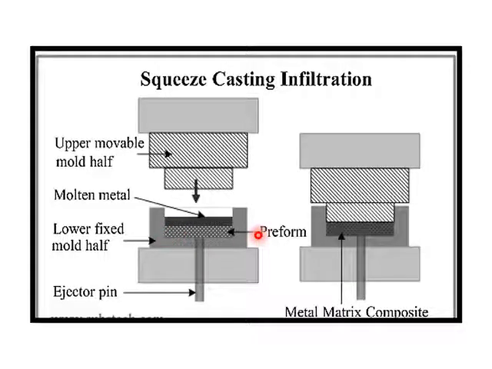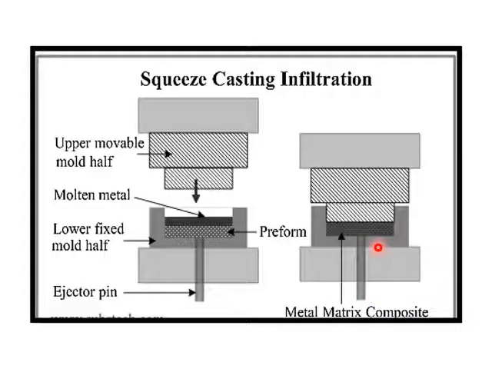There will be a proper wetting action and a proper bonding action between the matrix and the reinforcement material under the influence of the pressure applied by the upper movable part with the help of a hydraulic press. Once the desired shape is obtained, it is left for curing. Then the final product is removed from the mold cavity with the help of the ejector pin.